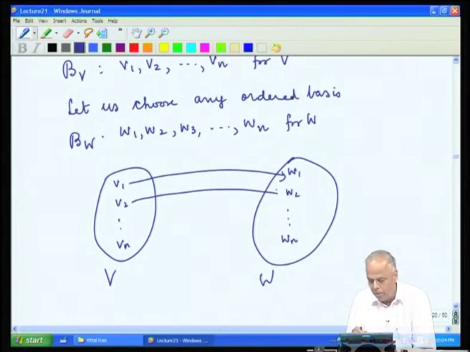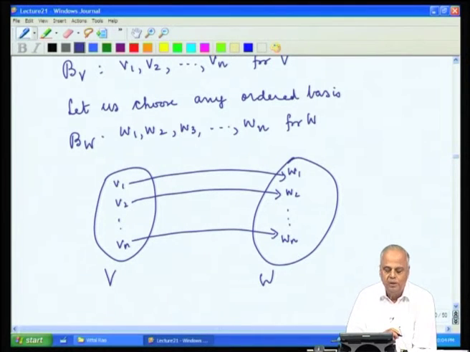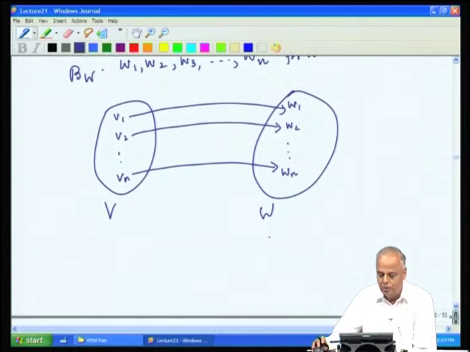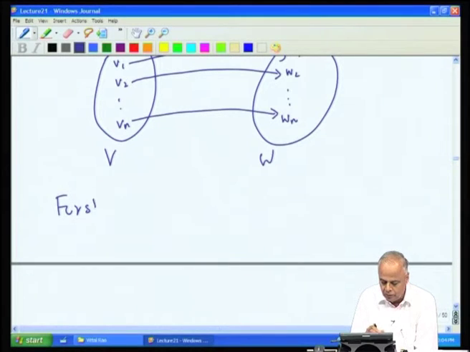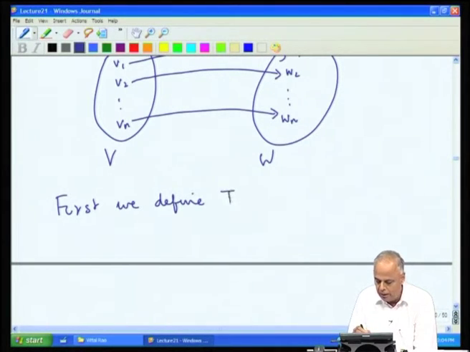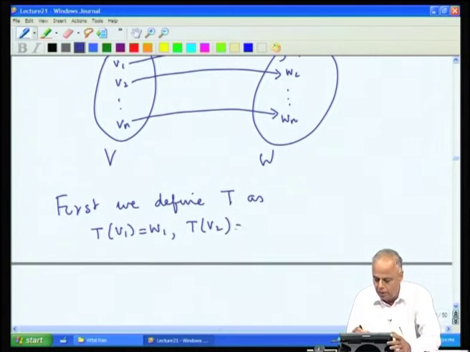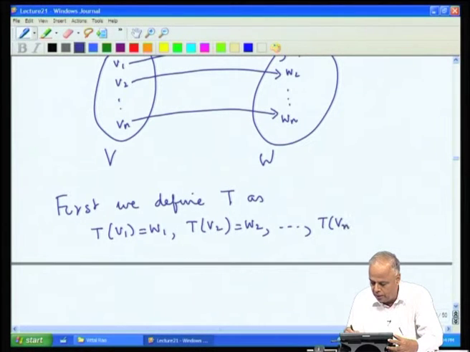So, we will first say what the linear transformation does to these basis vectors V1, V2, V3, ..., Vn and then decide what it should do for the other vectors in V. The easiest way to do this is to take the first basis vector of V to the first basis vector of W, the second basis vector V2 of V to the second basis vector W2, and the last basis vector Vn of V to the last basis vector Wn of W. So, we define T as T V1 equal to W1, T V2 equal to W2 and so on, T Vn equal to Wn.